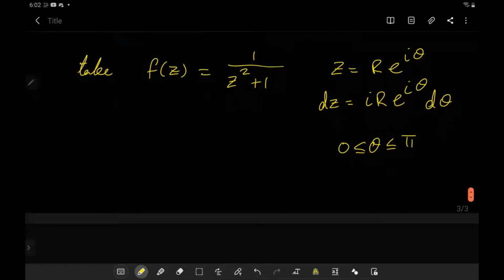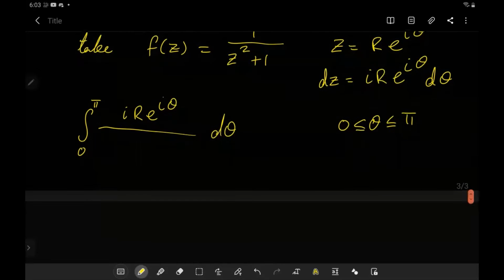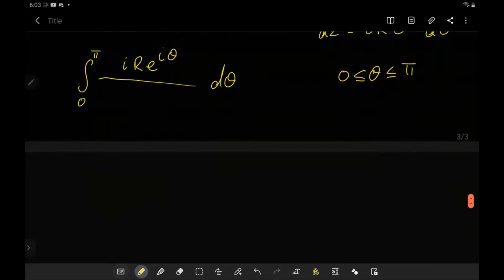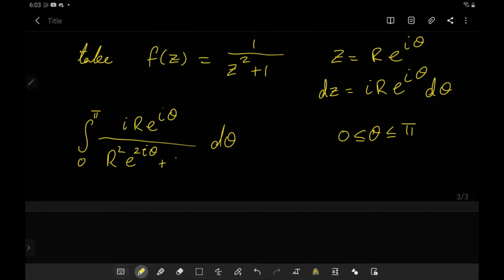Okay, so now we are ready to substitute. We have the integral from 0 to pi of i r e to the i theta d theta over, now z squared will be r squared e to the 2i theta by laws of indices, so we have r squared e to the 2i theta plus 1.